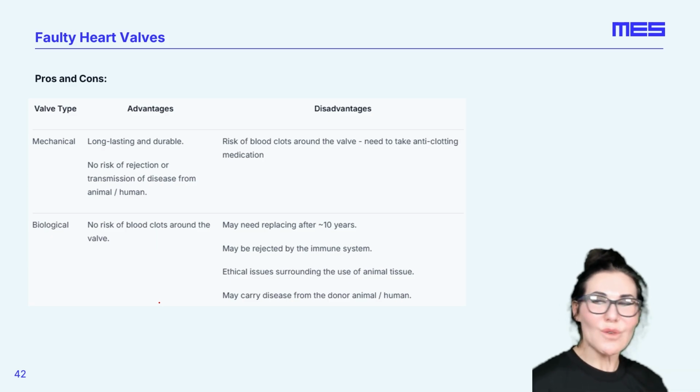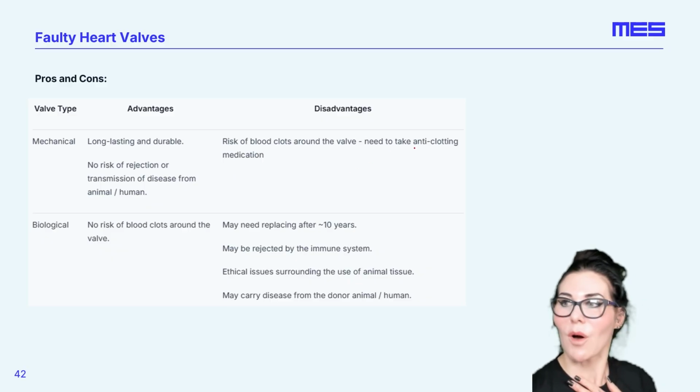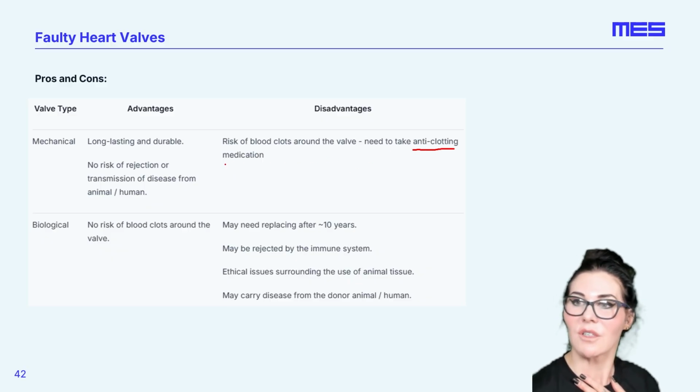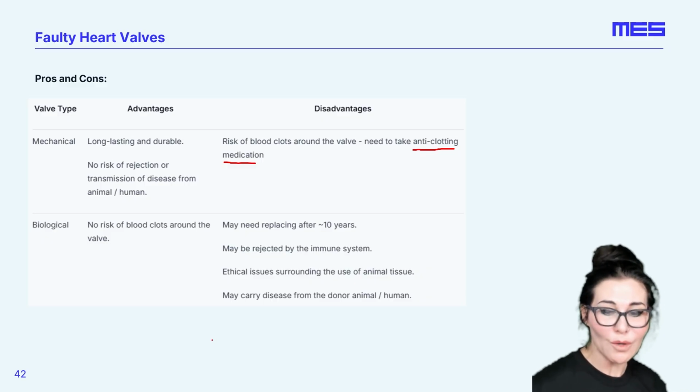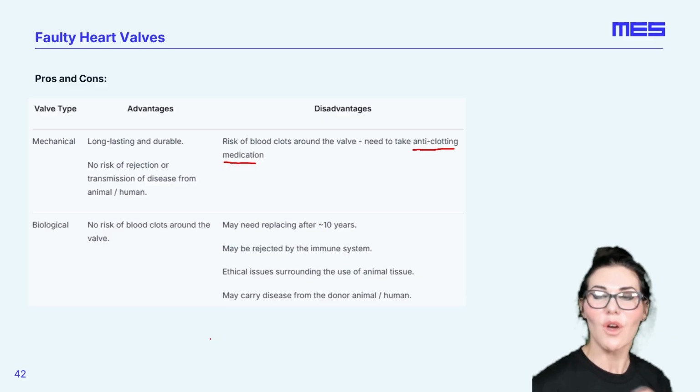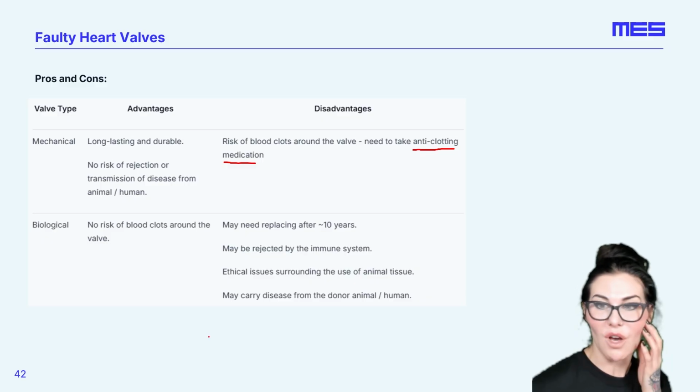But they do encourage platelet collection and therefore blood clotting. So people who are given mechanical valves will end up on anti-clotting medication for life to reduce the chance of that happening. You don't want a clot in your blood. It could travel to the brain and cause a stroke, or it could travel towards the heart and cause a heart attack.